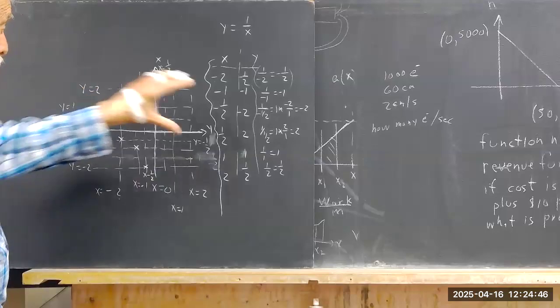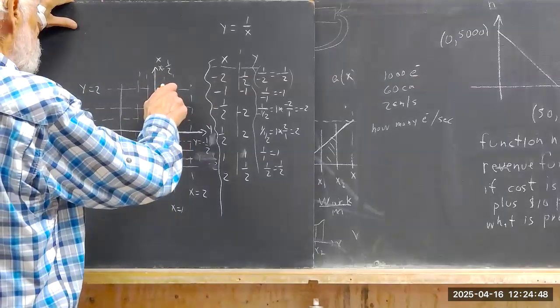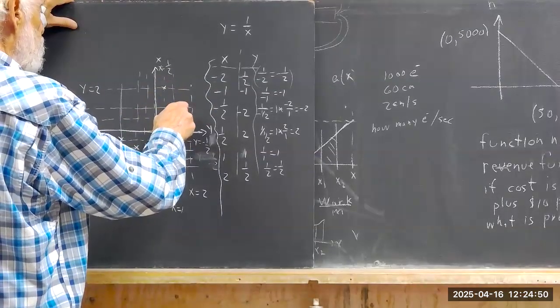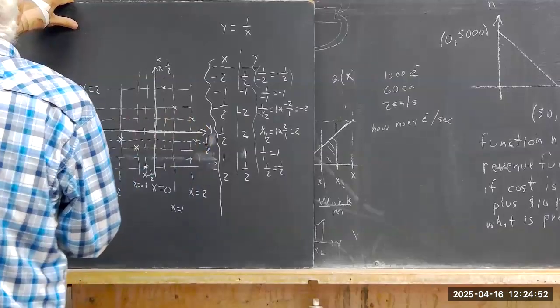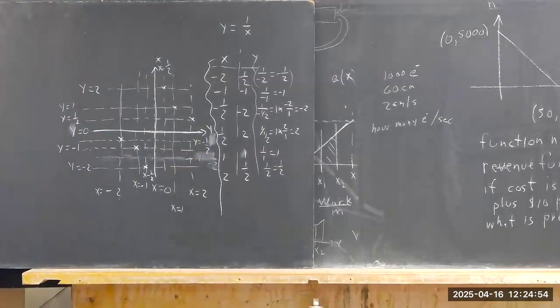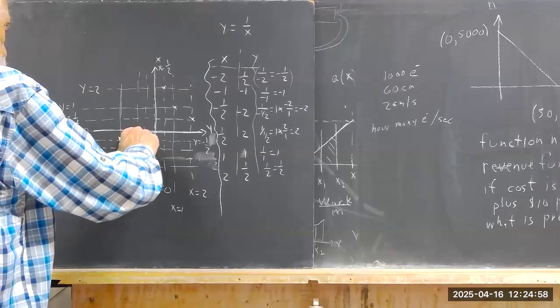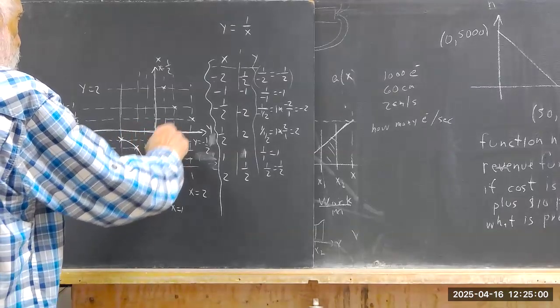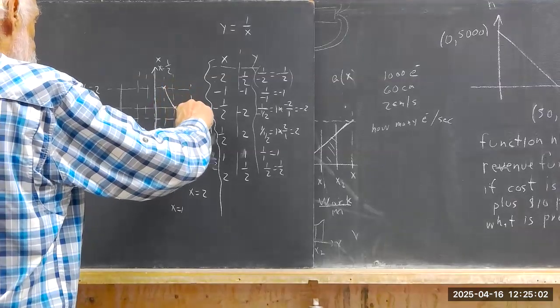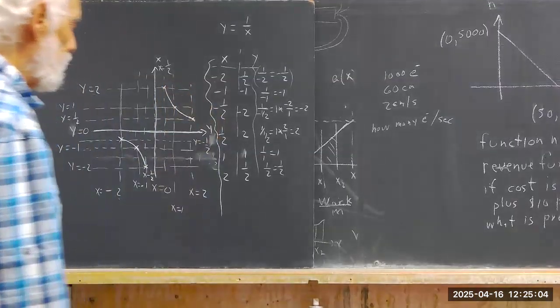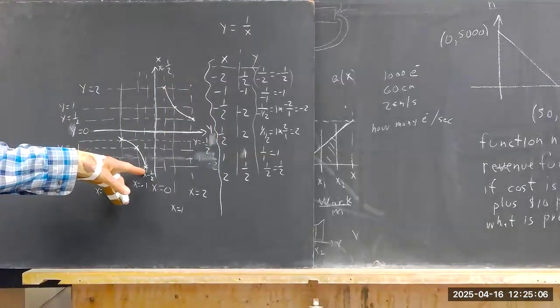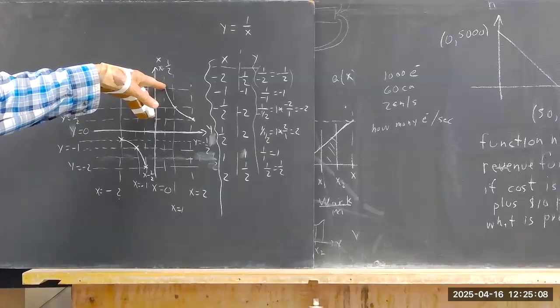I don't have any extraneous lines in here. I just want to get the shape of the graph. And you can check for yourself that these 3 points are on the graph. Okay? So I can draw a curve from here to here. And I can draw a curve. I can't join this point to this point.